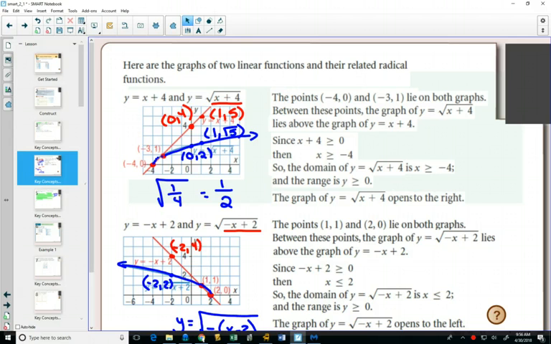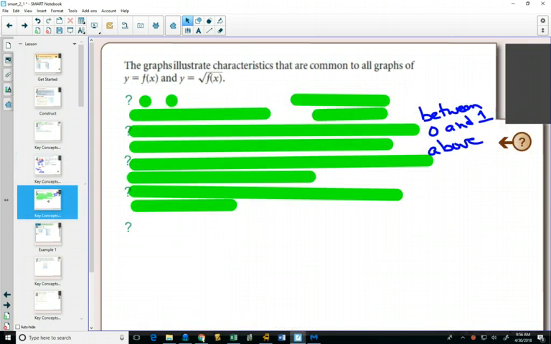So if your y values are negative, here, when everything is less than -4, my y values are negative, there is no square root graph that exists because you can't take the square root of a negative. On this one, whenever my x values are bigger than 2, my y values will be negative and no square root graph exists. So we already know we can't take the square root of a negative number.